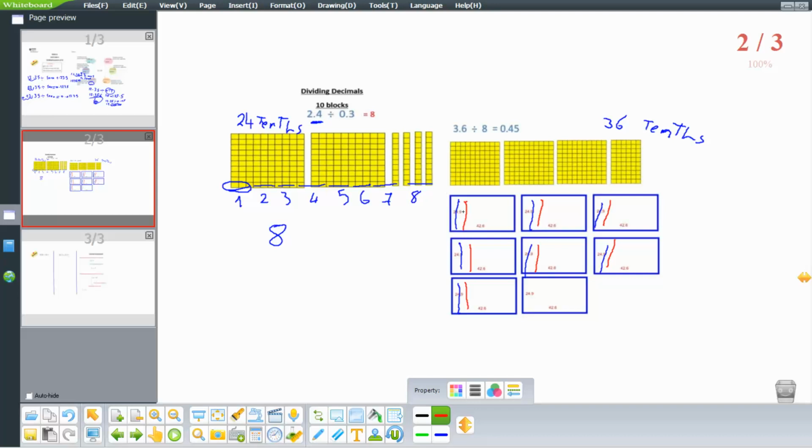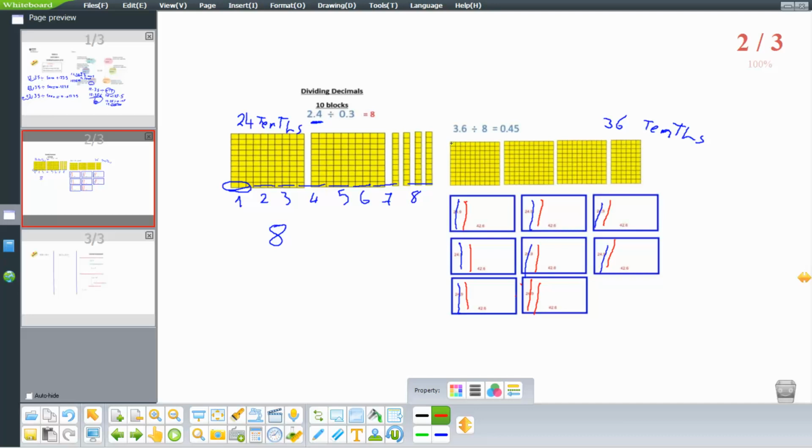We take 1, 2, 3, 4, 5, 6, 7, 8, 9, 10, 11, 12, 13, 14, and I forgot this. Okay, so let's count. 1, 2, 3, 4, 5, 6, 7, 8, 8 times 2 is 16. So we take 16 tenths.